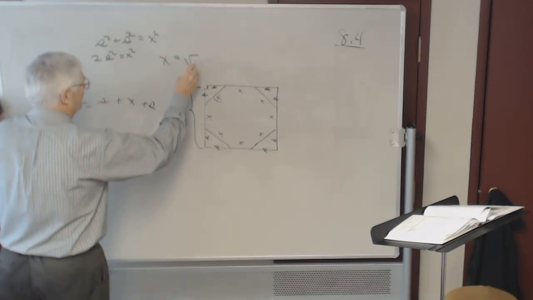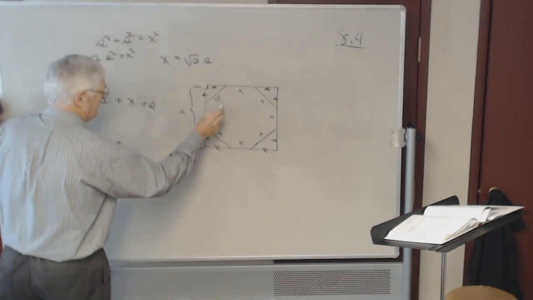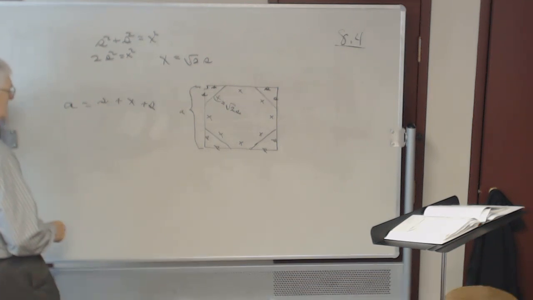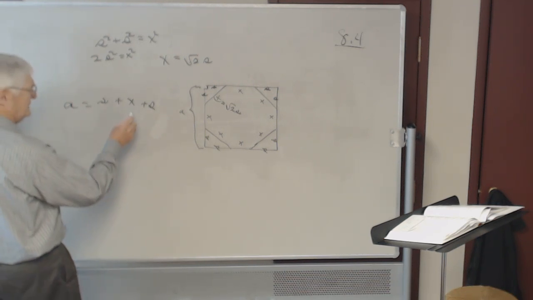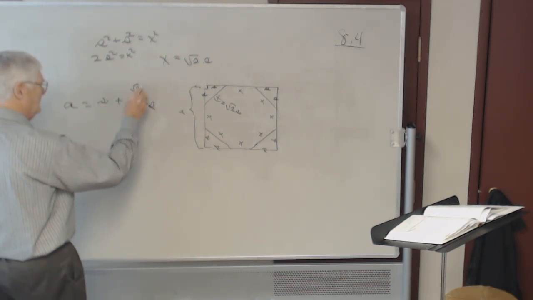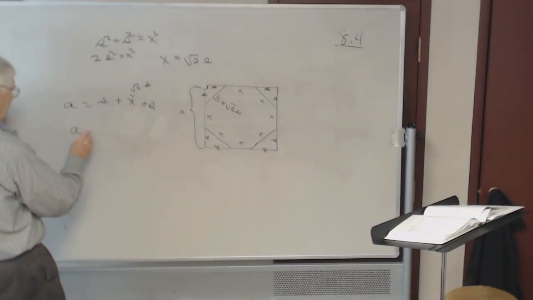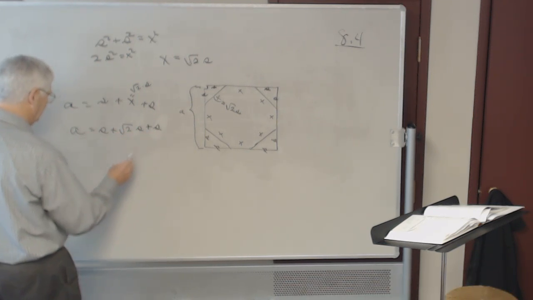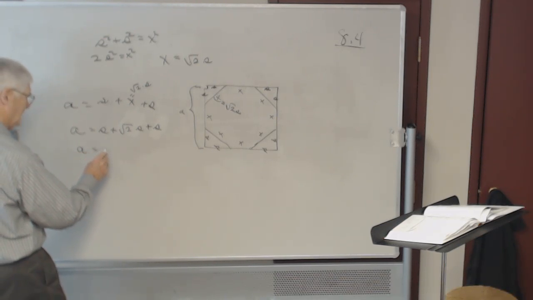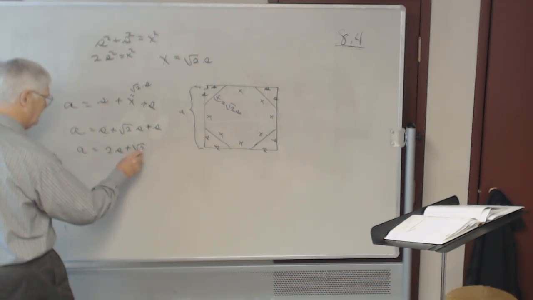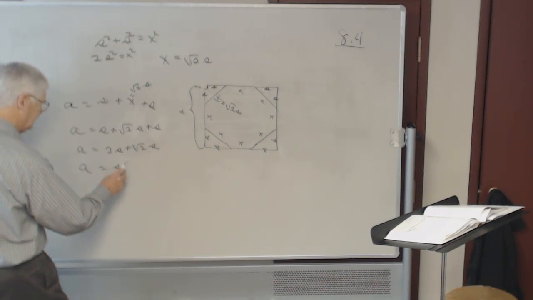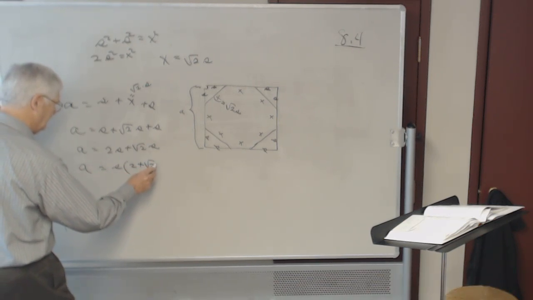So X is the square root of 2 times S. So A equals S plus the square root of 2 times S plus S. So A equals 2S plus the square root of 2 times S. A equals S times 2 plus the square root of 2.